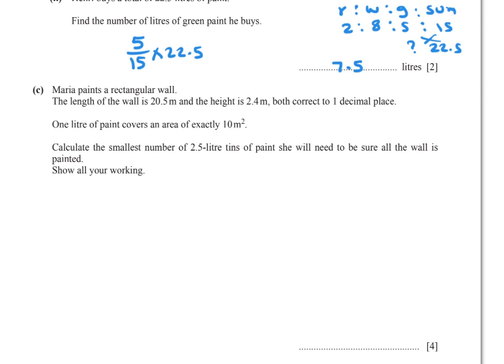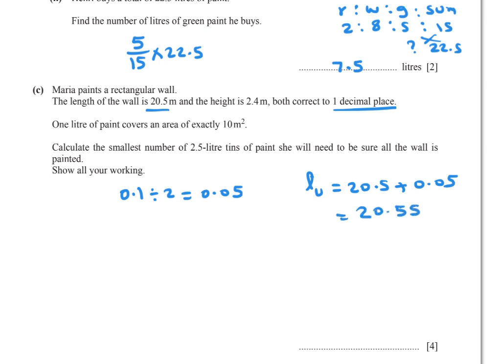Now the length is 20.5 to one decimal place. One decimal place means 0.1, divide by 2, so 0.05. To find the length upper, 20.5 plus 0.05 equals 20.55.